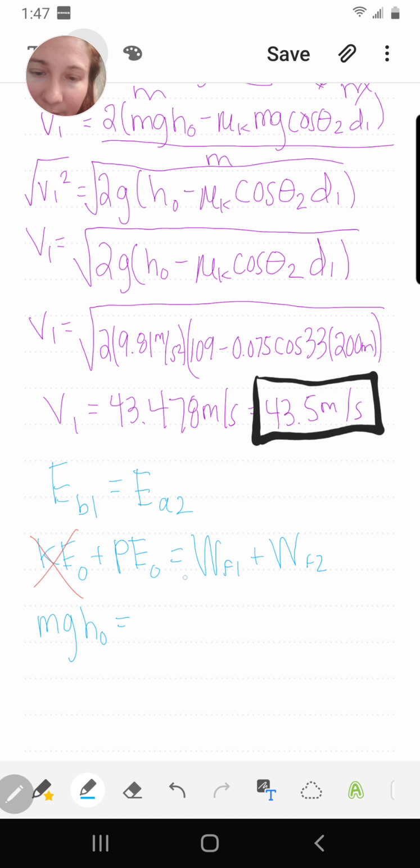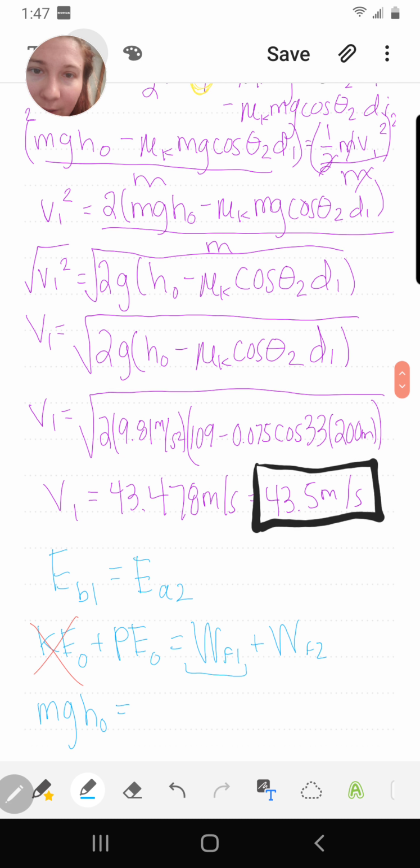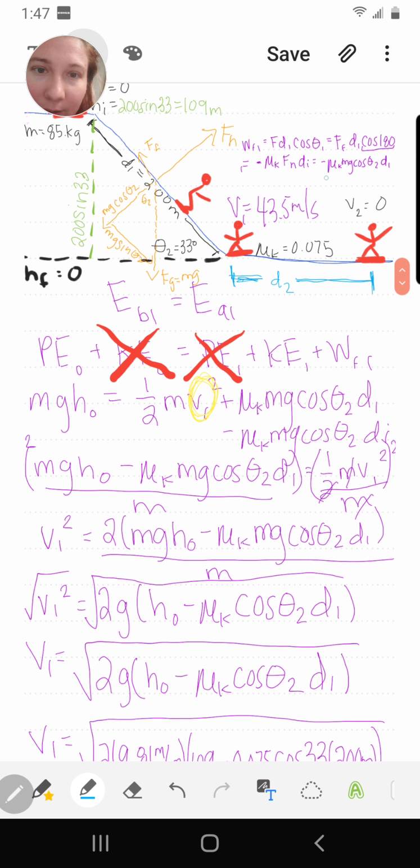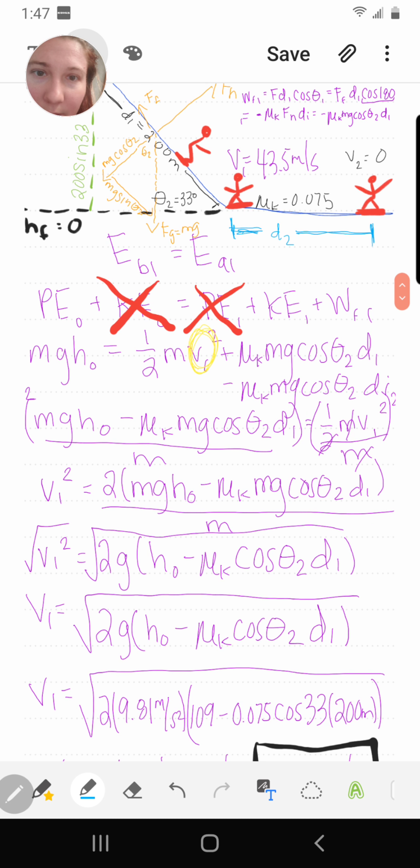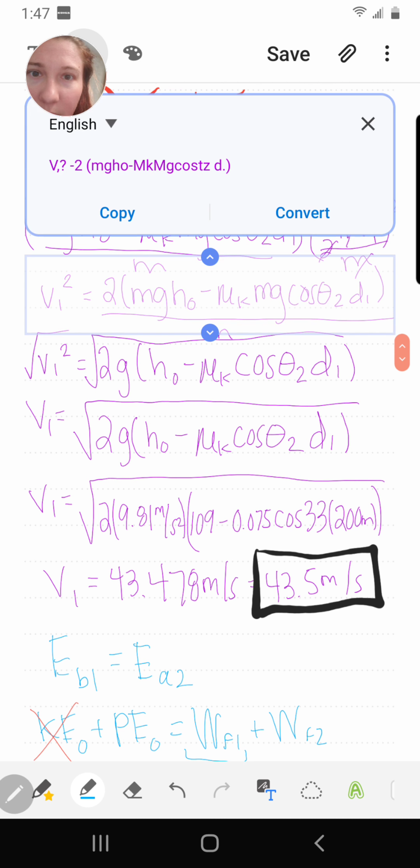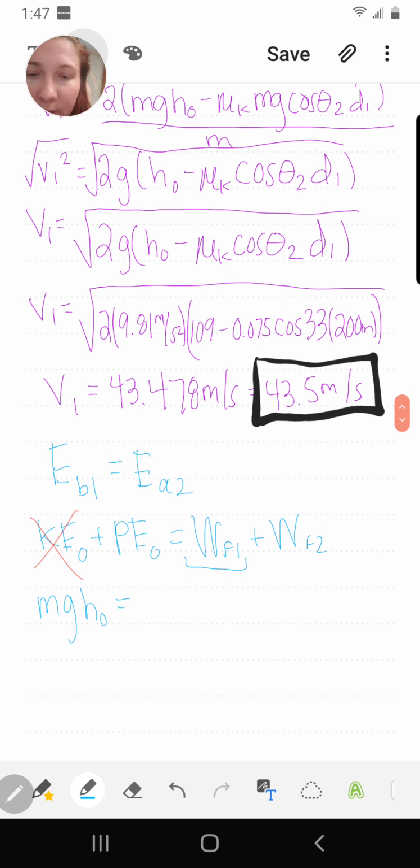And then this is the work from before: it's just the coefficient of friction times mass times gravity times cosine of theta 2 times the first distance, plus, well, what is this guy?